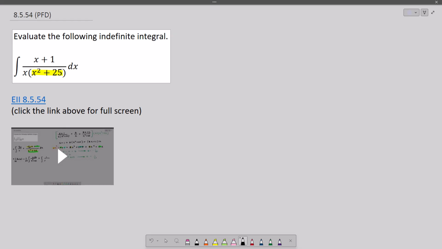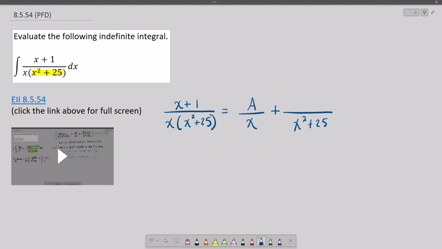So the inside here, the integrand, we are going to rewrite this as two fractions. A fraction that has x in the denominator and a fraction that has x squared plus 25 in the denominator. So those are your partial fractions.